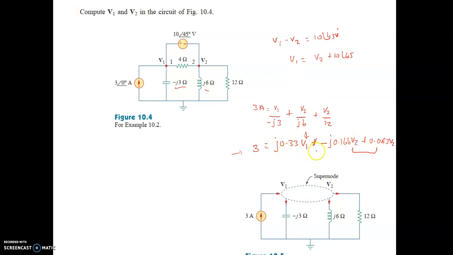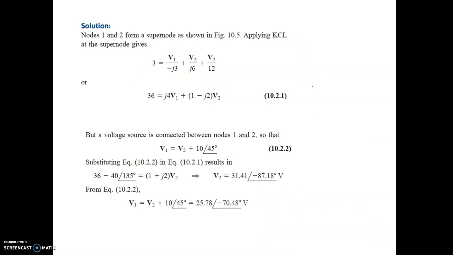Once you simplify this equation, you will get V2, which is 31.441 at an angle minus 87.18. Then substitute V2 here, and you will get V1. So you can find V1 and V2.